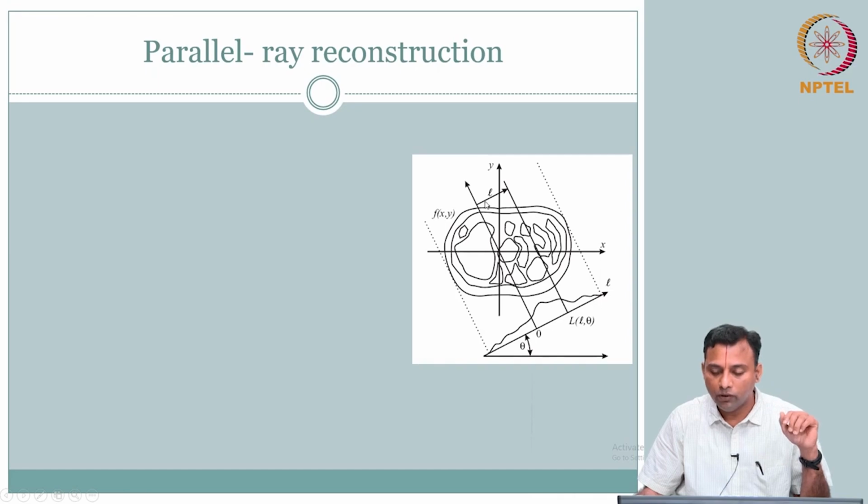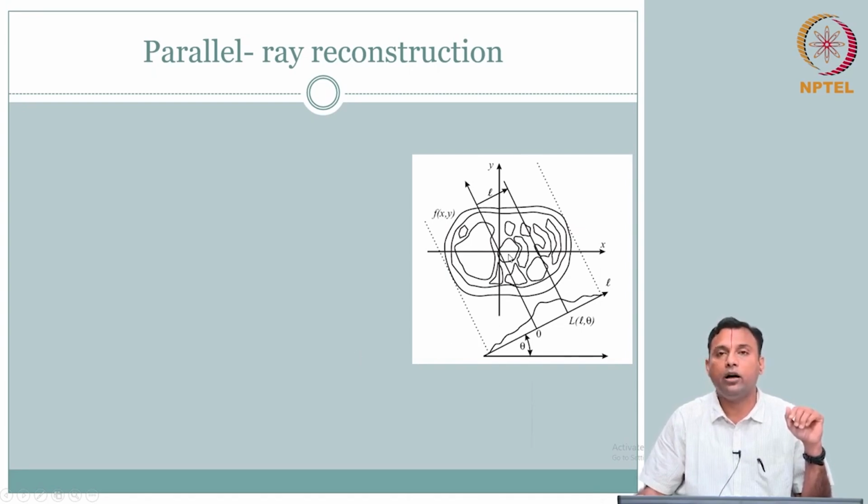What is that? That is nothing but this l of this line along the line of sight. This is the one that is going to come. So this is the perpendicular distance, that is your l, and theta is likewise where this line is making with respect to this f of x comma y.